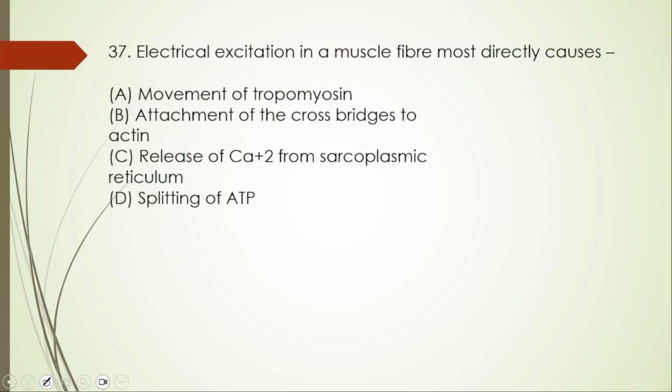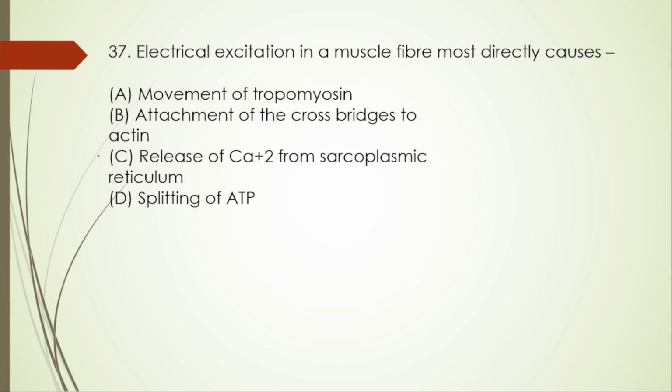So next question, that is the 37th one. Electrical excitation in a muscle fiber most directly causes A. movement of tropomyosin, B. attachment of the cross bridges to the actin, C. release of calcium ions from sarcoplasmic reticulum, D. splitting of ATP.